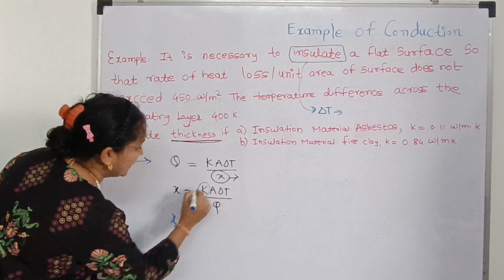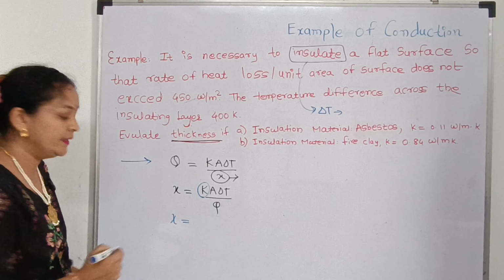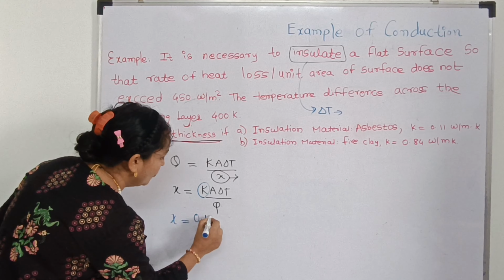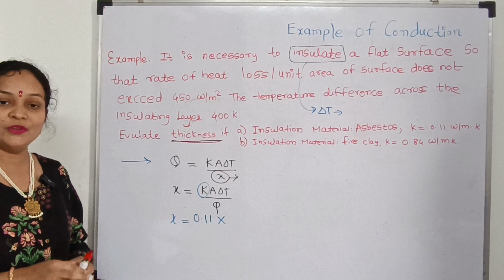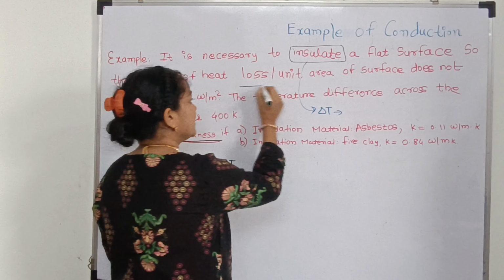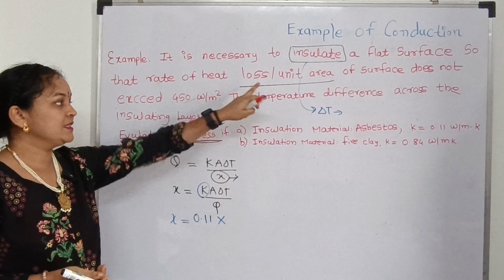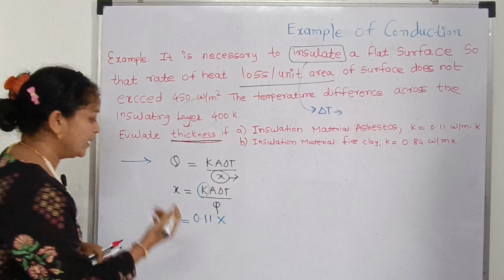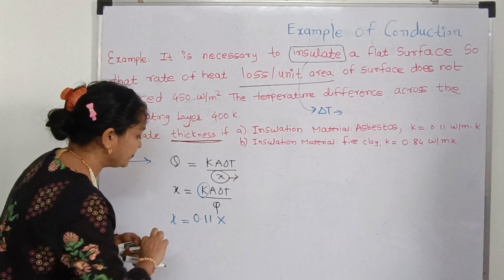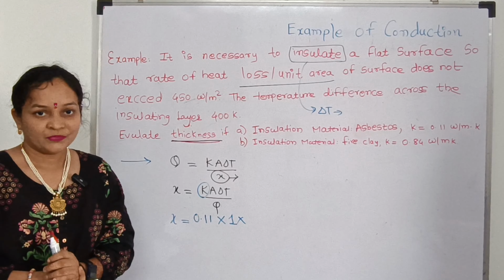Now, what is k? That is the thermal conductivity, which is 0.11, multiplied by the area. What is the value of area here? They are asking for the value per unit area of the surface, so you consider the area as 1.